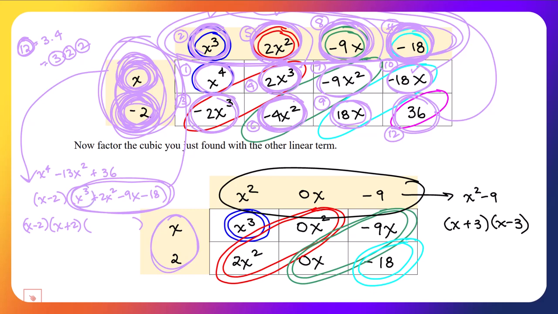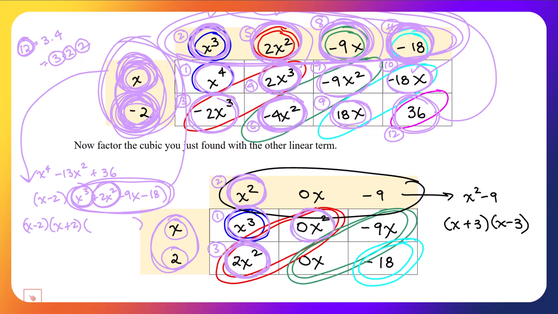So then to make this x cubed, it's here, step 1. There's an x here, so this has to be x squared, step 2. If this is x squared, then this is 2x squared, step 3. To make this 2x squared, I already have it.